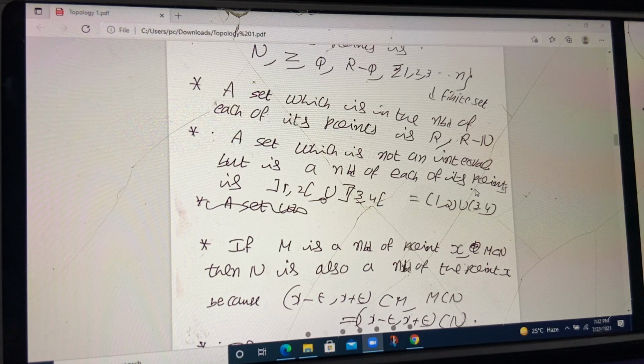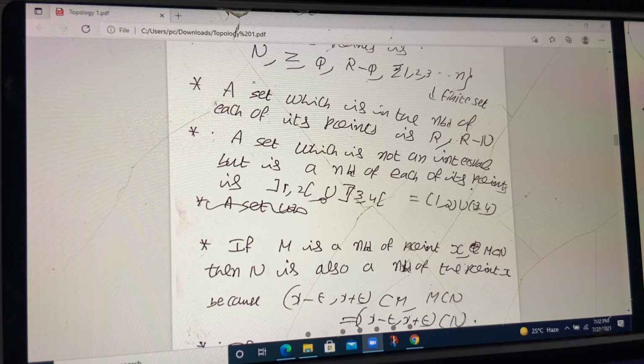One example we have seen is R minus N, R minus Z. But now you can also have a union of intervals. So here also, this is an example. Open interval is denoted like this, or it is also denoted like this. It is not an interval.